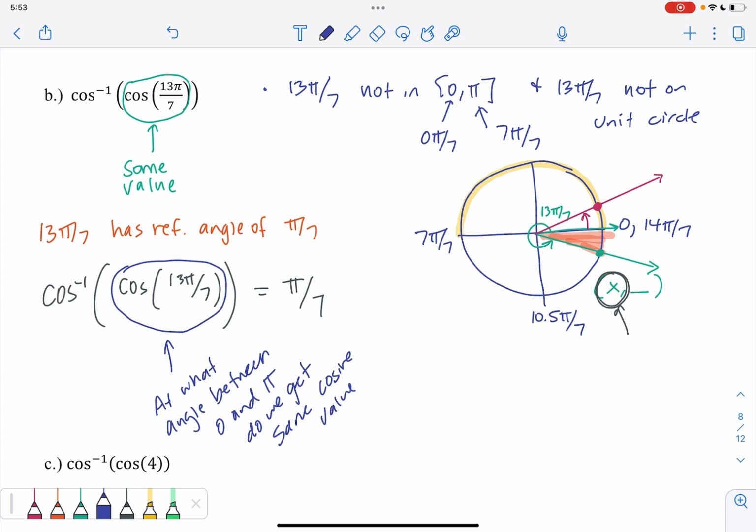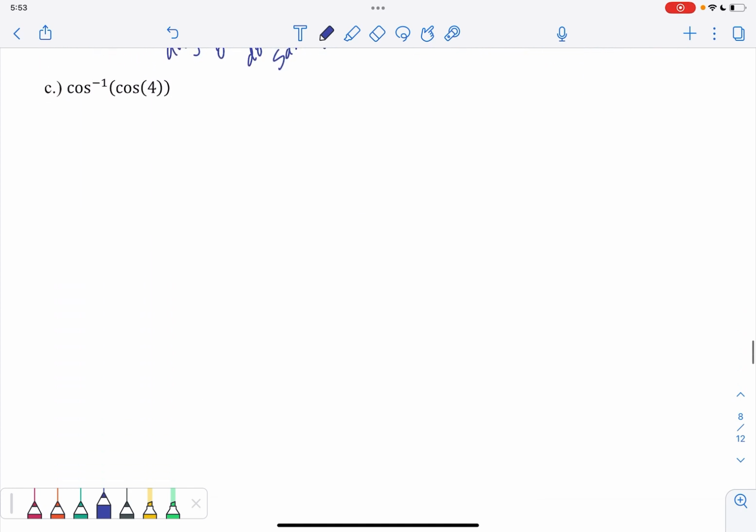And that just happens up here. We just reflect it up here. And we go, okay, what angle is that? It's a little tricky, but it's kind of what's left. We go 13 pi over 7. To get all the way up would be another pi over 7. And then instead of going down to 13 pi over 7, we have to go up to find our angle, pi over 7, in quadrant 1.